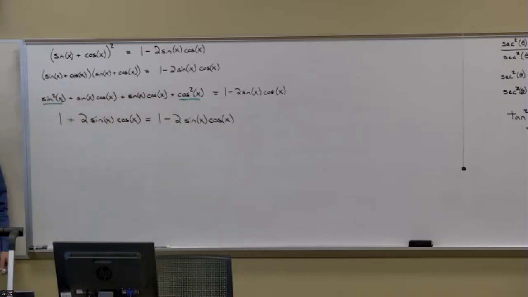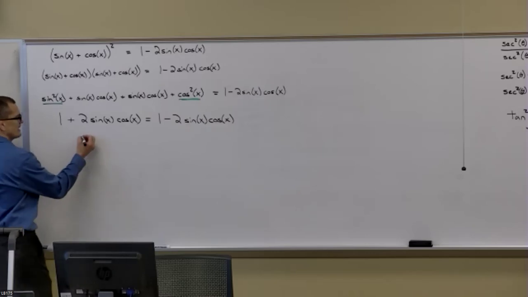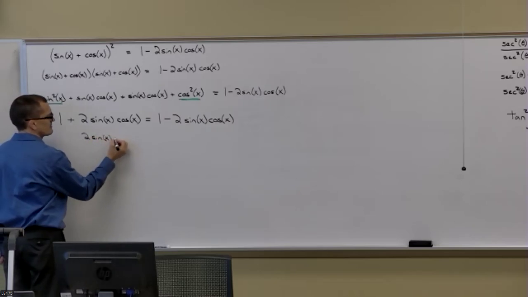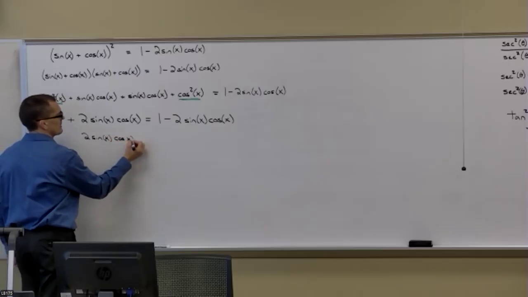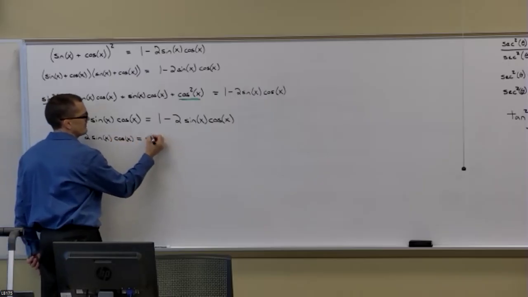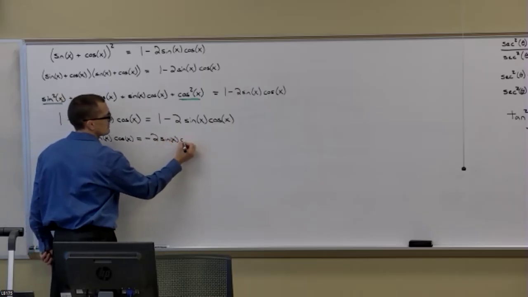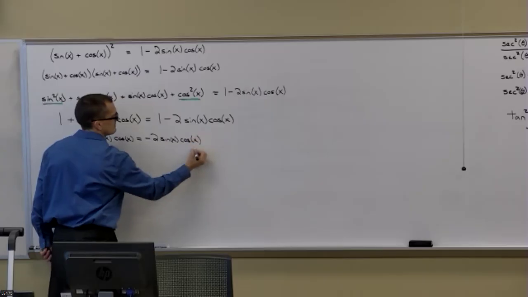Is that the same thing? No, that's different. One of them has a minus, one of them has a plus. And if I subtract 1 from both sides, I get a positive 2 sine x cosine of x versus a negative 2 times sine x cosine of x.